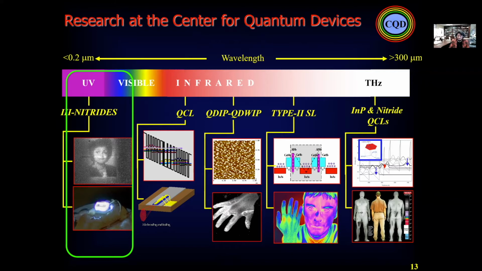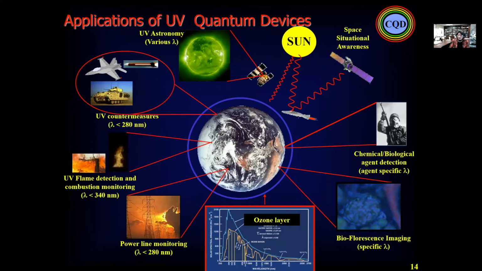So in all of the talks that I'm giving, exactly as I explained before, for any device, first we do the theory, after that material growth, characterization, optical, structural, fabrication, measurement, and up to the system. For UV, first we have to understand why the UV is important, because as I mentioned, my driving force is always to find the application, why it is useful and why we have to do it.